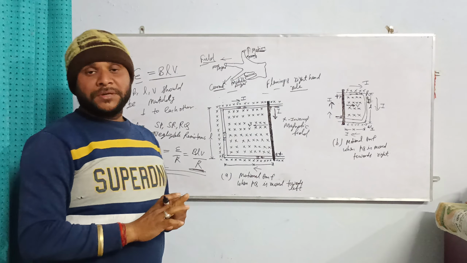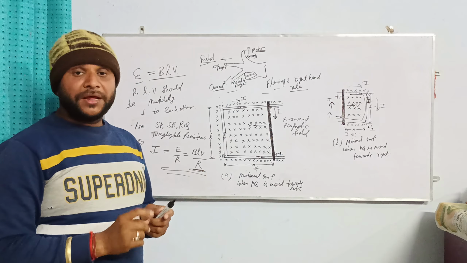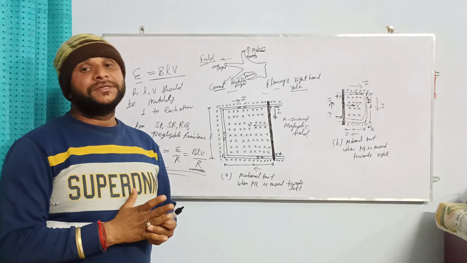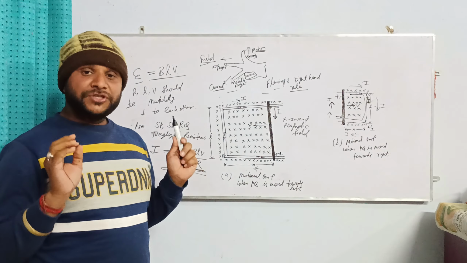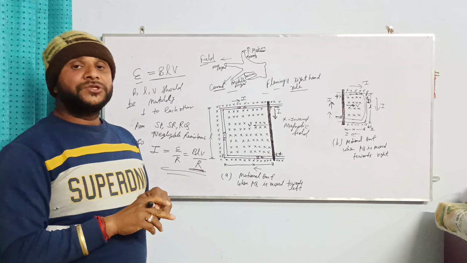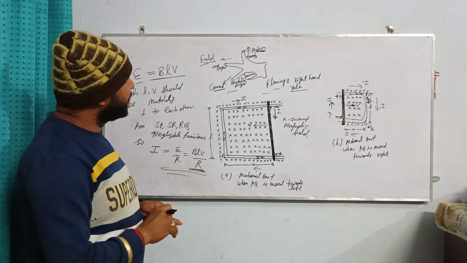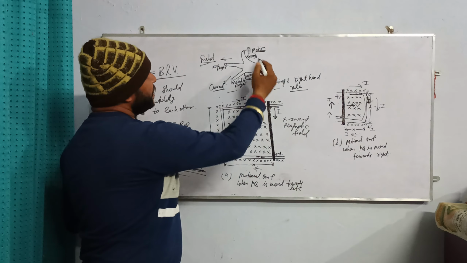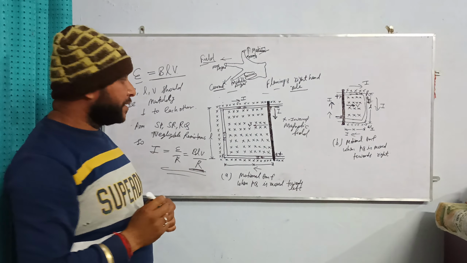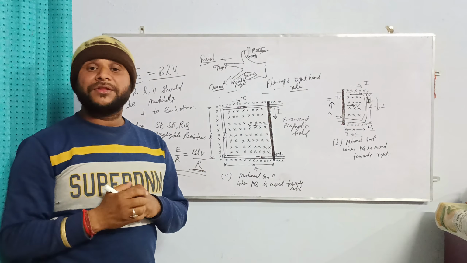According to the direction of motion of the conductor and the direction of the magnetic field, the direction of the induced current or the direction of the induced EMF will change. So the direction of induced current or EMF totally depends on the direction of the motion of the conductor and also on the magnetic field.